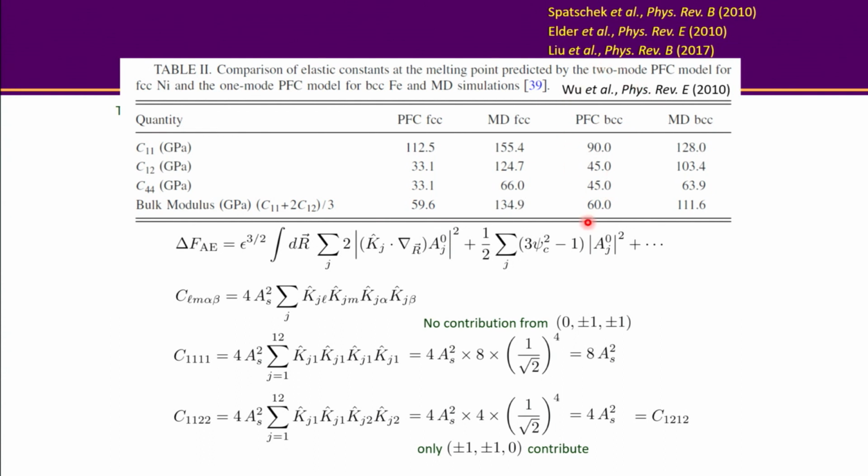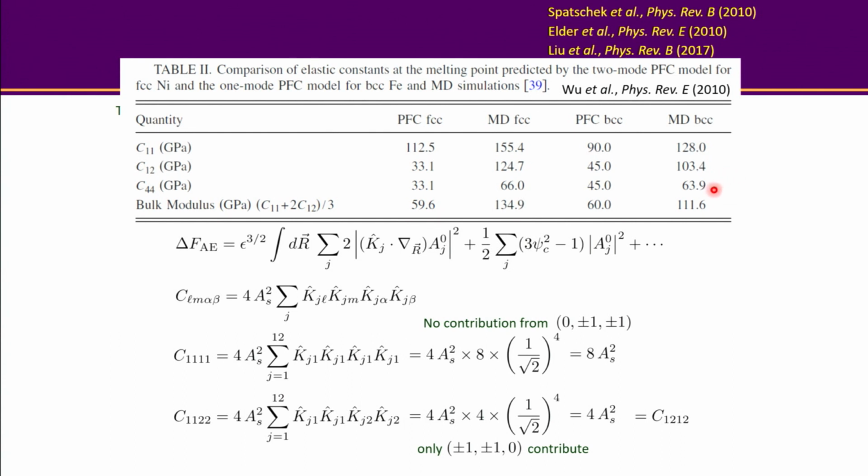So for PFC BCC, you are always expecting the same C12 and C44, right? So if you plug in all the parameters you are getting from the liquid structure factor, you are getting like 45 gigapascal for C12 and C44. And C11 will be twice that, that'll be 90, right? And the 1 mode approximation always gives you the same C12 and C44, which in reality you are expecting to be different.